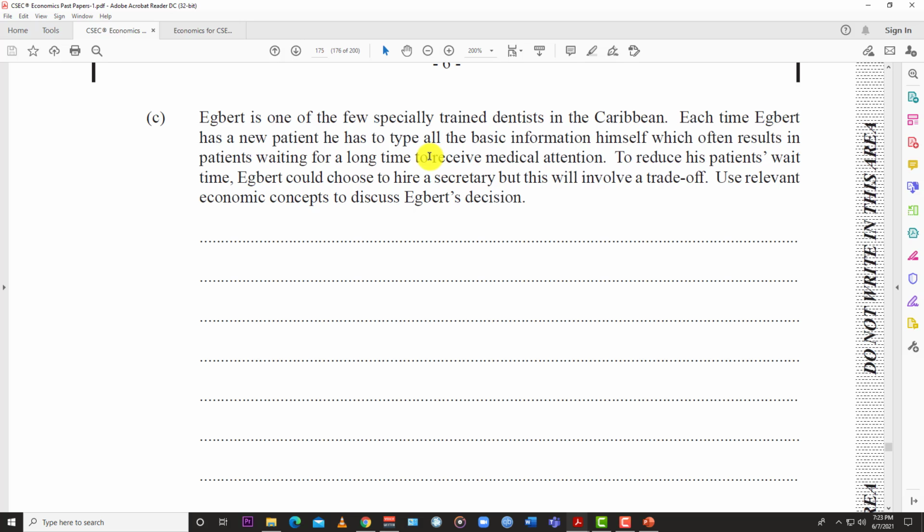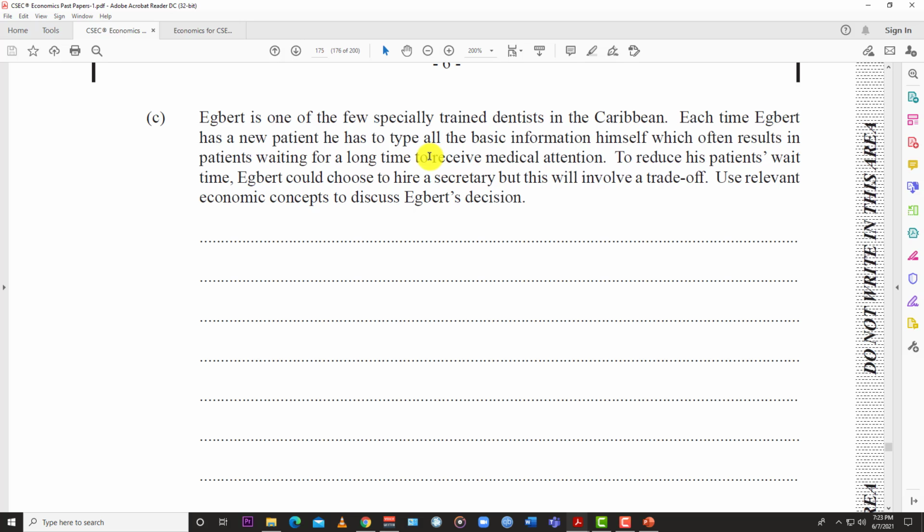So you define opportunity cost and explain that for Egbert, you have a choice between either using that money to pay the secretary, or keeping that money and using his time to fill out all the stuff and keep the patients waiting. So that's a choice you have to make between those two.